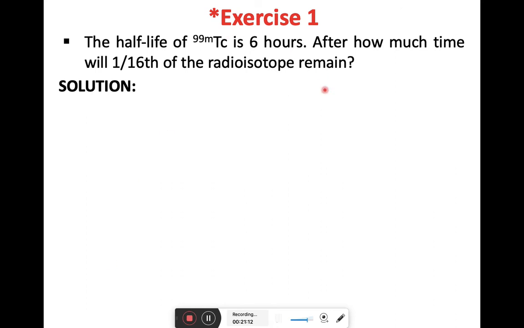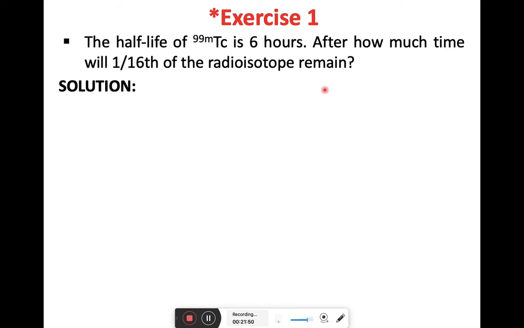Let's see one exercise on how to calculate this. The half-life of 99mTc, where 99m refers to the isotope that we discussed just now, and Tc is an element, is 6 hours.